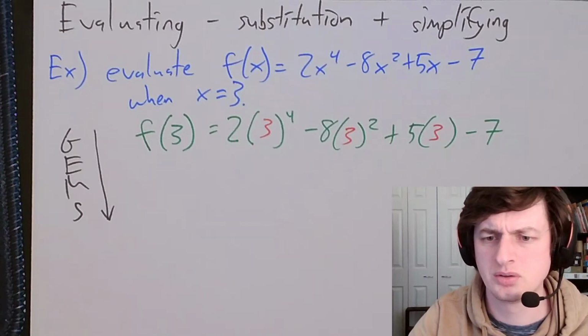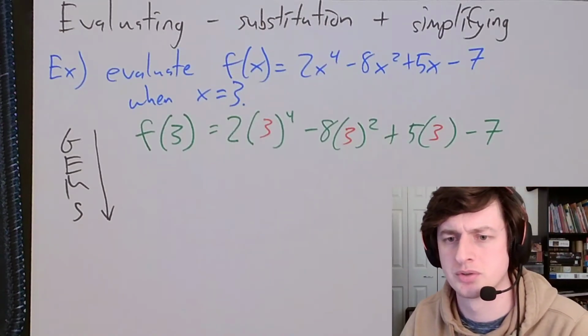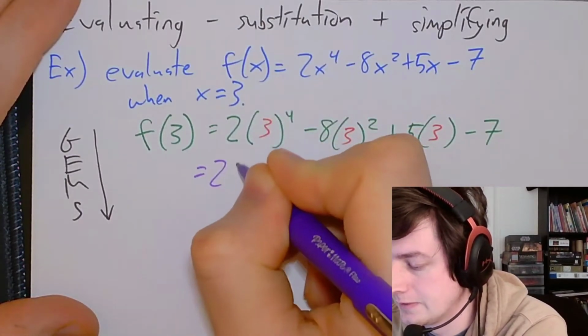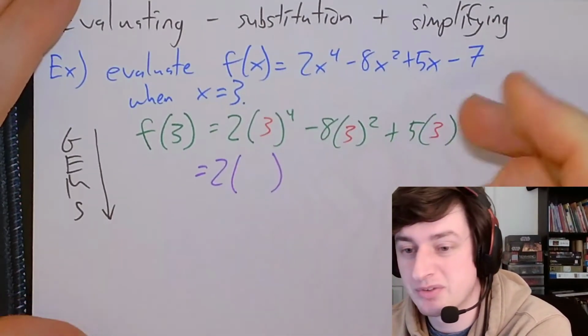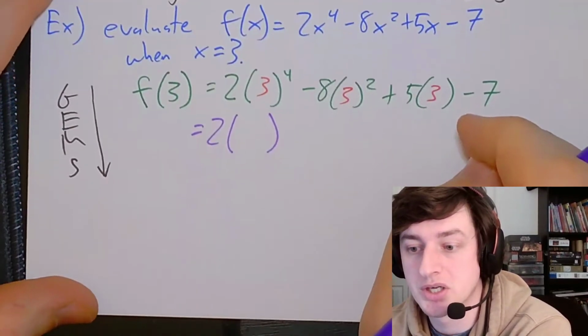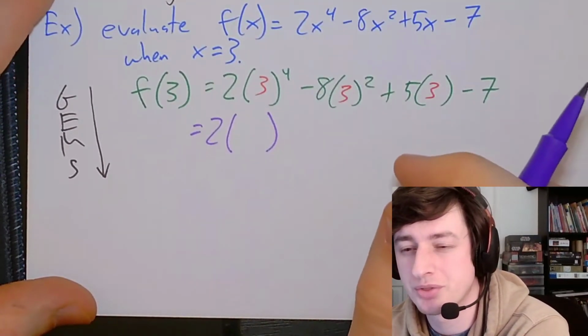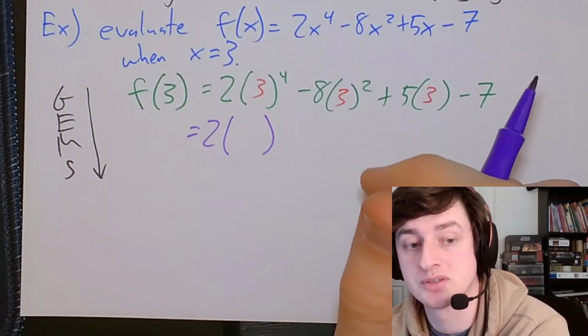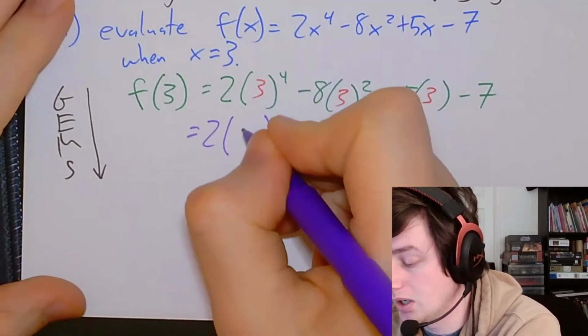So we have to do our exponents first. So this equals 2. I'm going to keep everything in parentheses so we can see where the multiplication happens. But 3 to the 4th is going to be 3 times 3, which is 9, times 3, which is 27, times 3, which is 81.